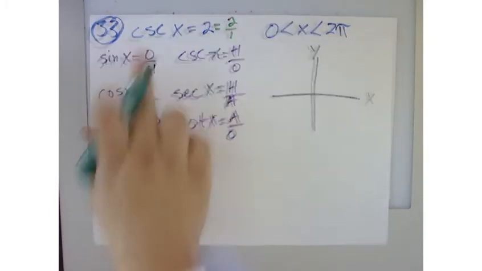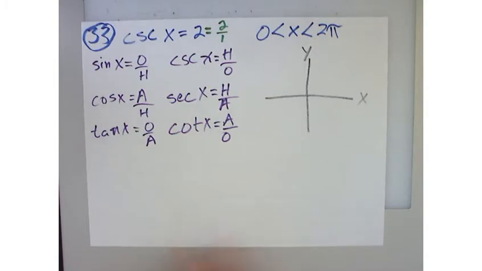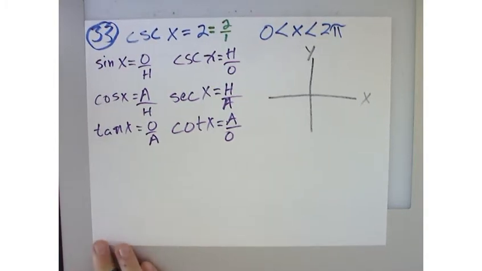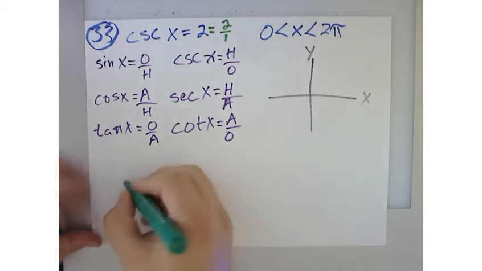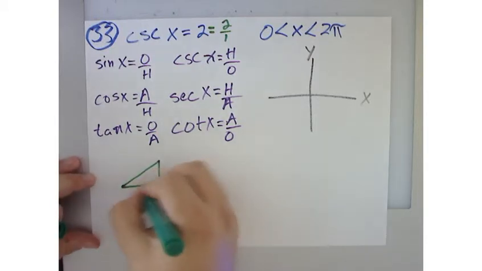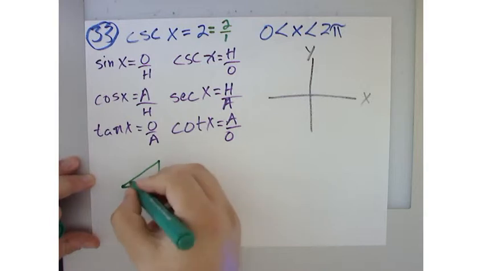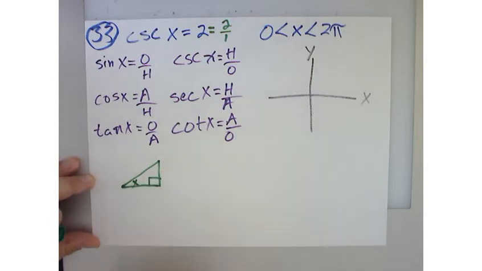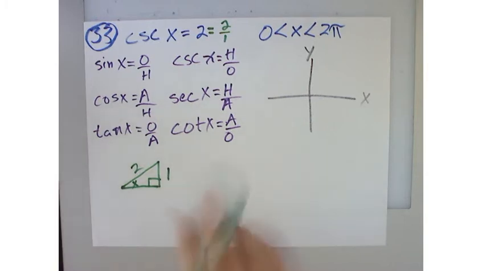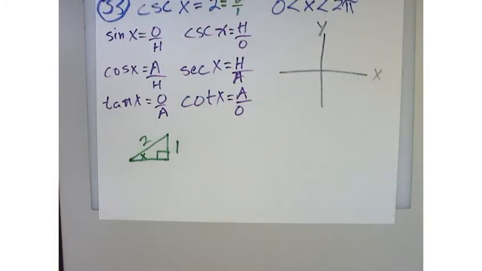So cosecant of x is going to be the hypotenuse of 2 over the opposite of 1. So we generally orientate towards this, where this is the angle x, and then the hypotenuse would be 2, and then the opposite, the side across from the angle x, would be 1.